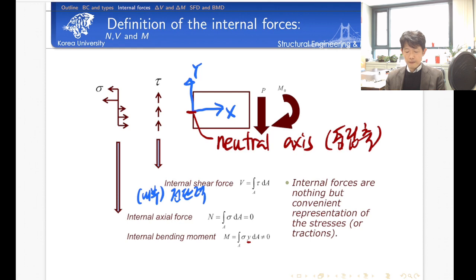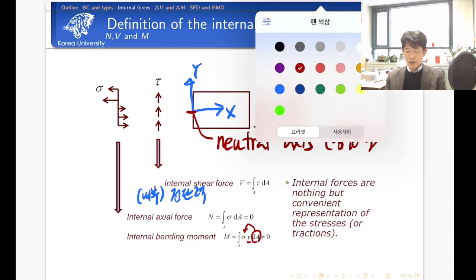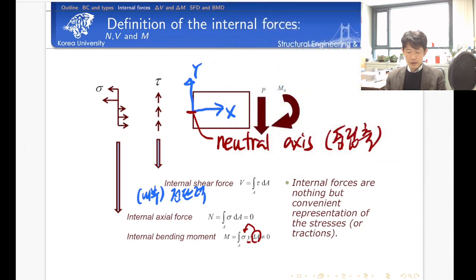And then we need the force, because normal stress is not the force yet. So we need to multiply the cross-section area to the normal stress value. And then if you integrate it, we can obtain the moment. And this moment is called the internal bending moment.